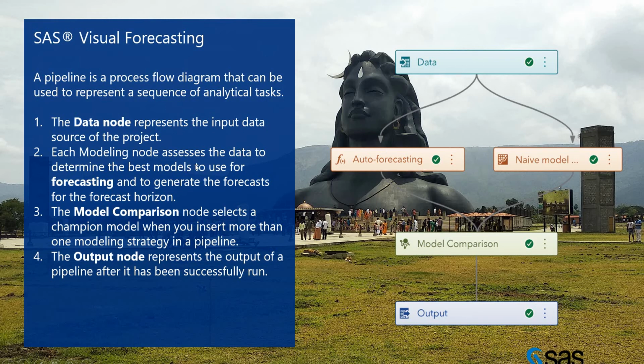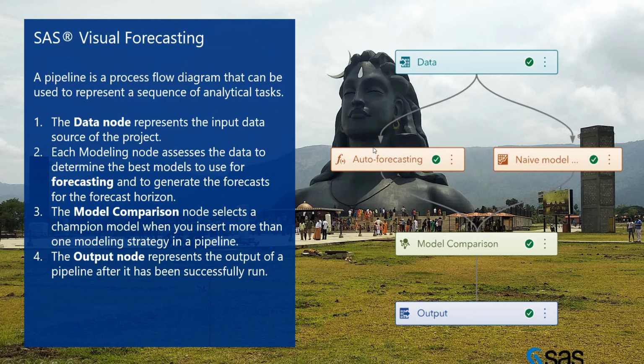Each modeling node determines the best models to use for forecasting, to generate the forecast and the forecast horizon. So auto forecasting and, let's suppose, the naive model, we generated some forecasting. Next we have the model comparison. This is the third step. The model comparison node selects a champion model when you insert more than one modeling strategy in a pipeline.